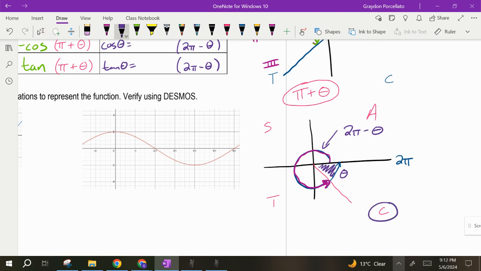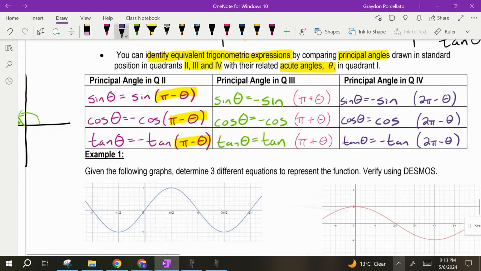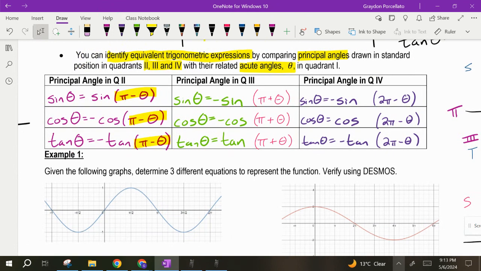Well, cos is the one that's positive in this quadrant. Sine and tan are both negative. So we're going to write negative sine, positive cos, and negative tan. There we have 9 more equivalent trig expressions.